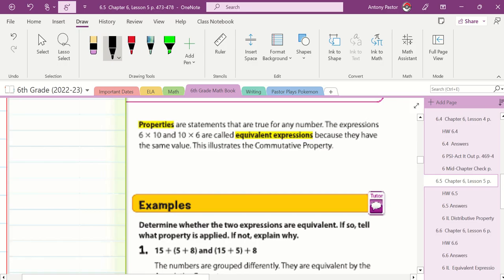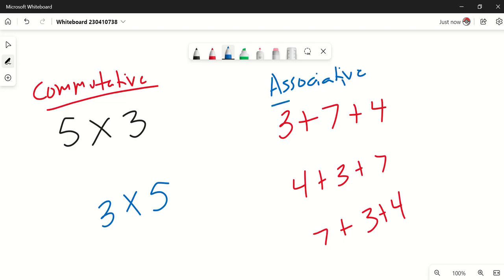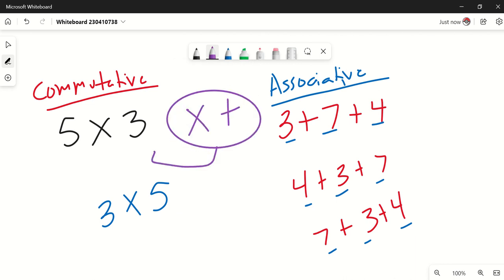I just want to make sure I spelled it correctly. Associative property, because this indicates 3 numbers. And again, the associative and commutative properties can be related to multiplication and addition respectively. I could do a commutative example with addition, and I could do an associative example with multiplication as well.